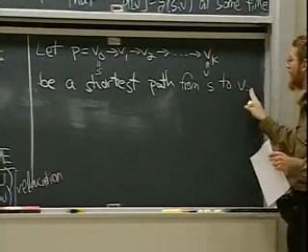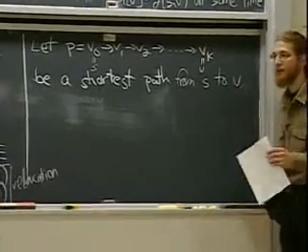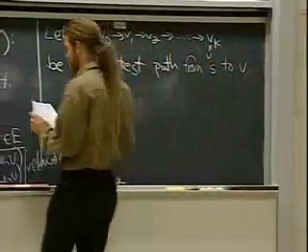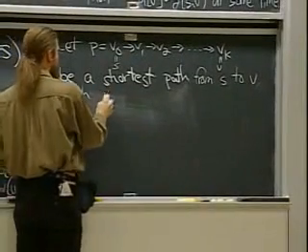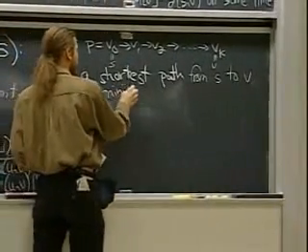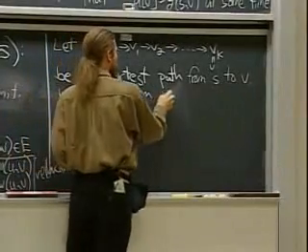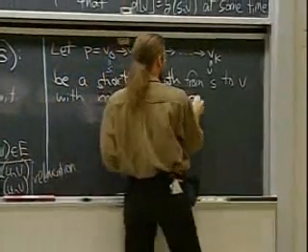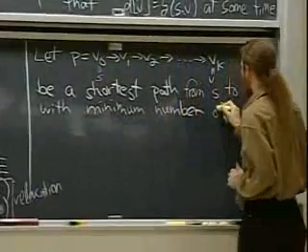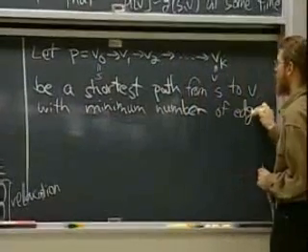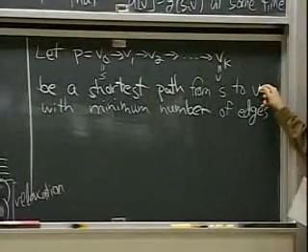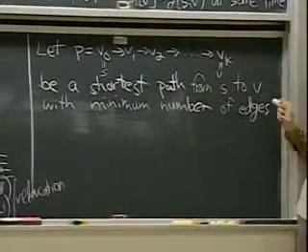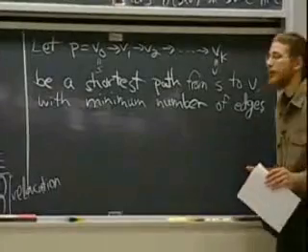Now, I also want it to be not just any shortest path from s to v, but among all shortest paths from s to v, I want it to be one with the fewest possible edges. Shortest here means in terms of the total weight of the path. Subject to being shortest in weight, I want it to also be shortest in the number of edges.